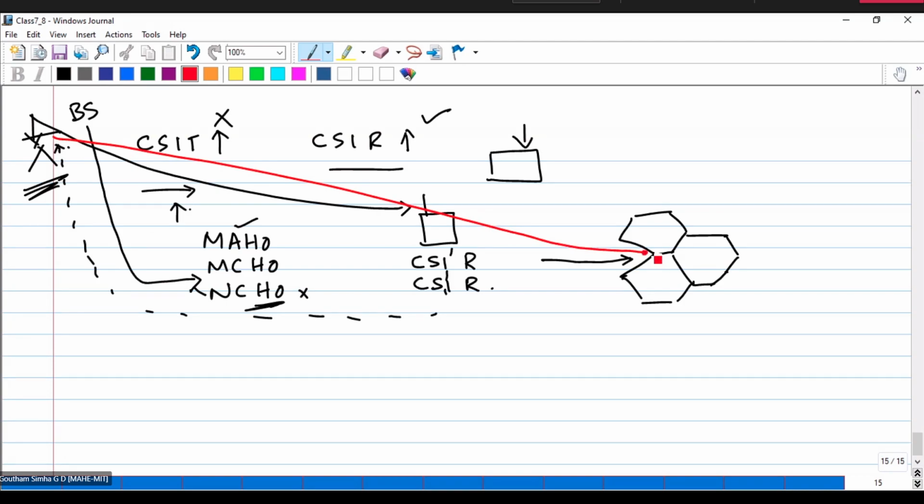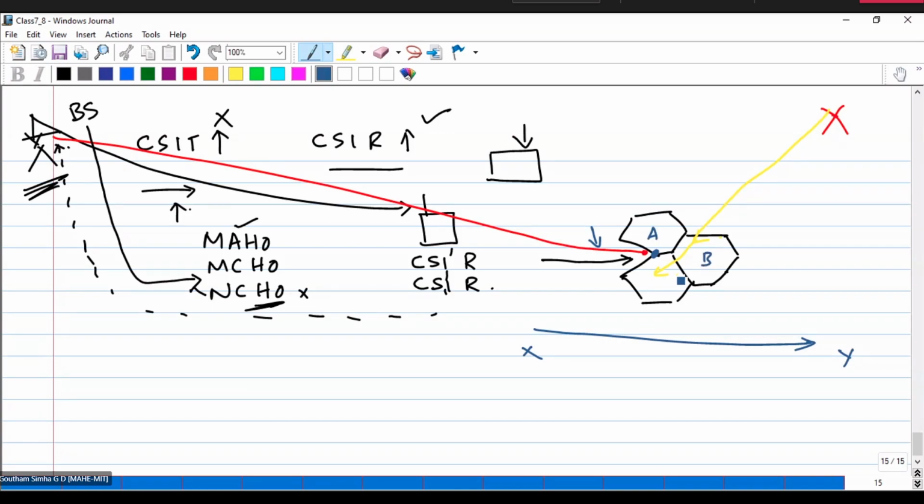There is another base station over here, whose signal strength is available to this cell and to this cell also. Now my mobile moves along this direction from X to Y. What happens at this stage? I need to get a handoff from this cell, the red cell I'm currently working on, to the next nearest cell.